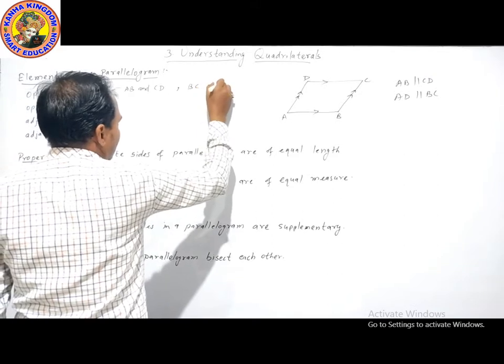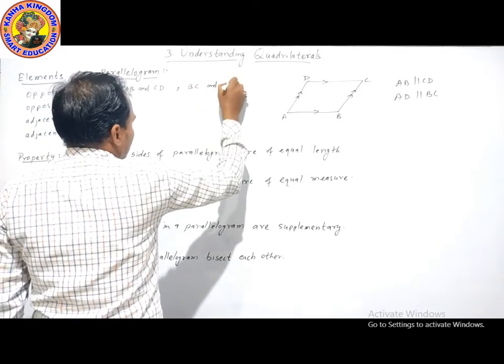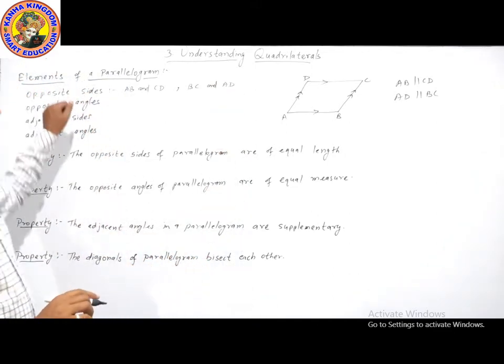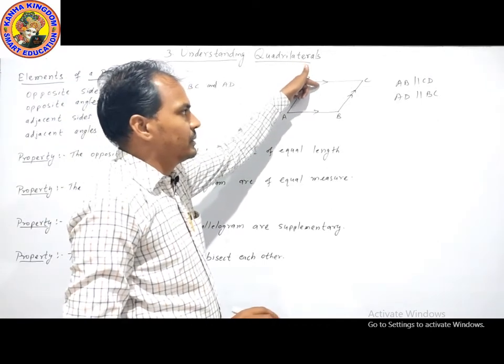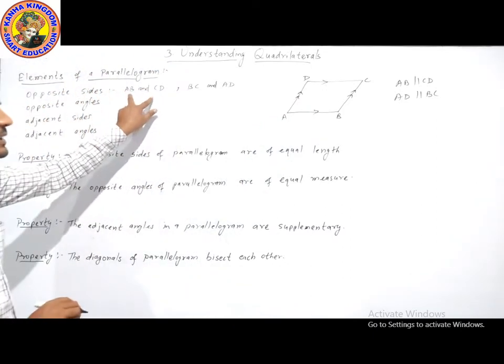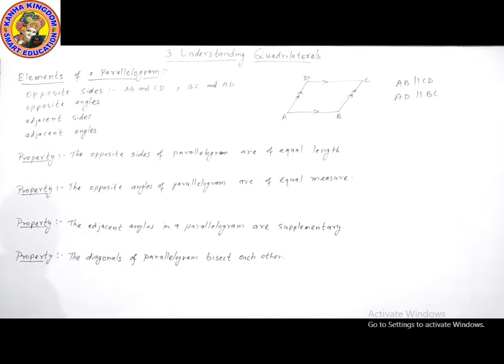There are two pairs of opposite sides: AB opposite to CD, AD opposite to BC. So AB and CD are opposite, BC and AD are opposite.